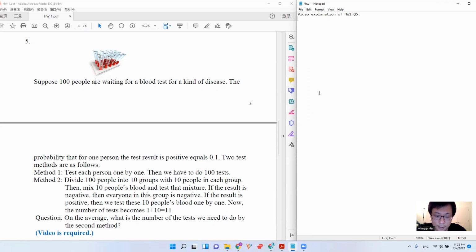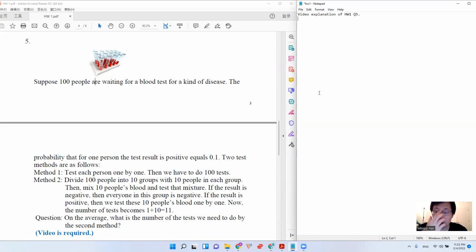The first case is that there is no person in the group having the disease, so their mixed sample has no positive results. This group doesn't need a second round of test. And the second case is that at least one person in the group has the disease and the test shows positive. So all of the 10 people in this group need to be tested for the second round.